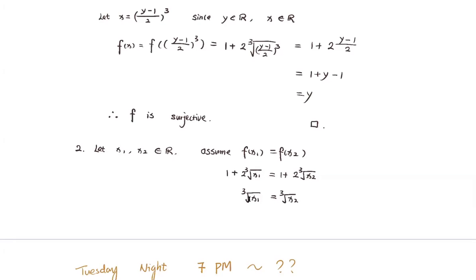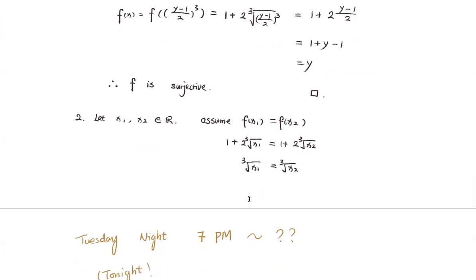And that's going to give you x1 equals x2. Okay, so since you showed that for any x1, x2 in the real numbers, f of x1 equals f of x2 implies x1 equals x2, the function is injective. And that's the end of the proof.